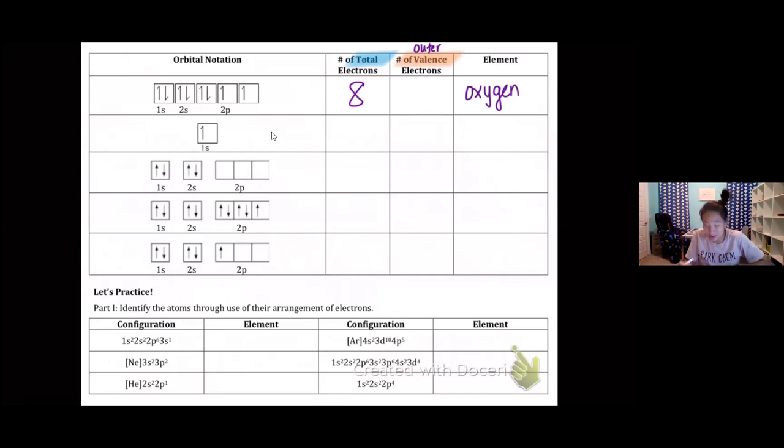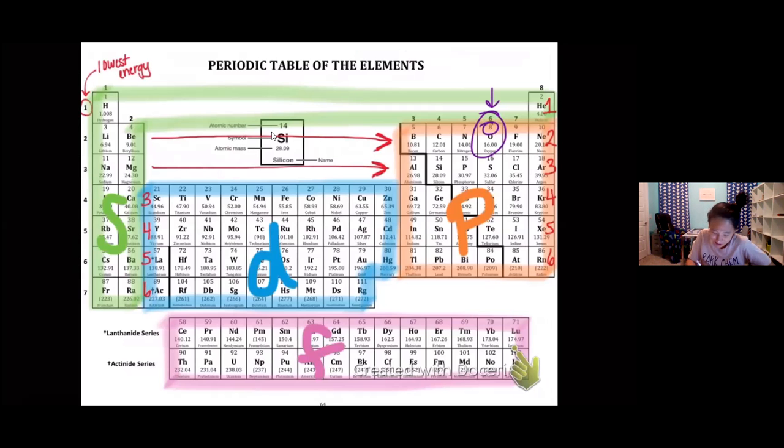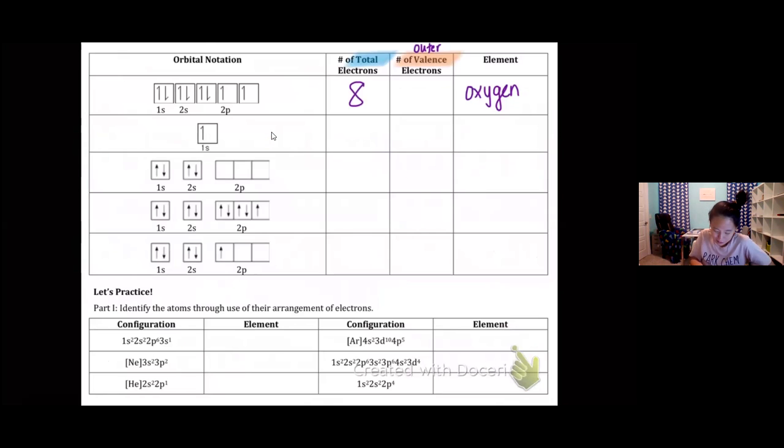How many valence electrons does oxygen have? There are 2 ways to figure this out. The easy way is to just look at the column number and say, hey, oxygen is in column number 6, so this number must be 6 valence electrons. Another way to look at it is that if you look at the highest level here, there are 6 electrons in the highest level.